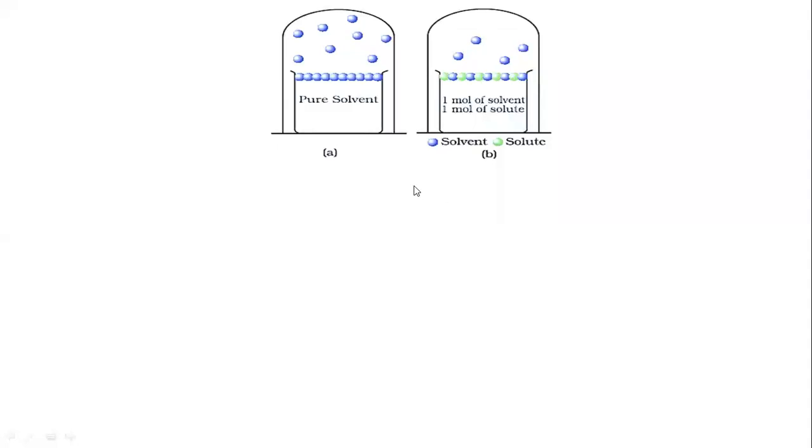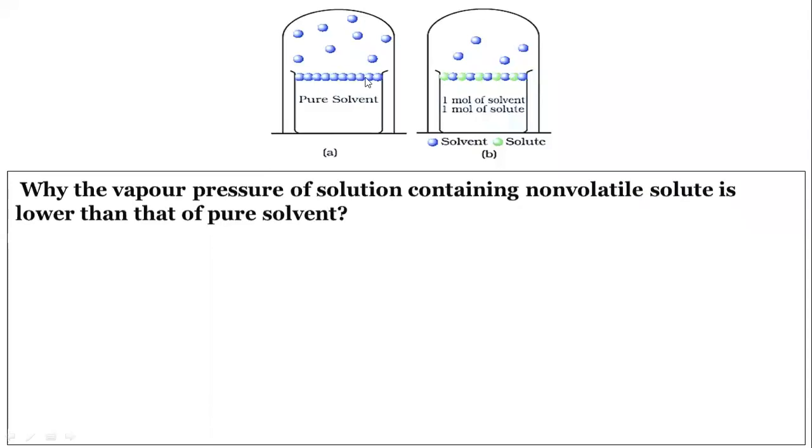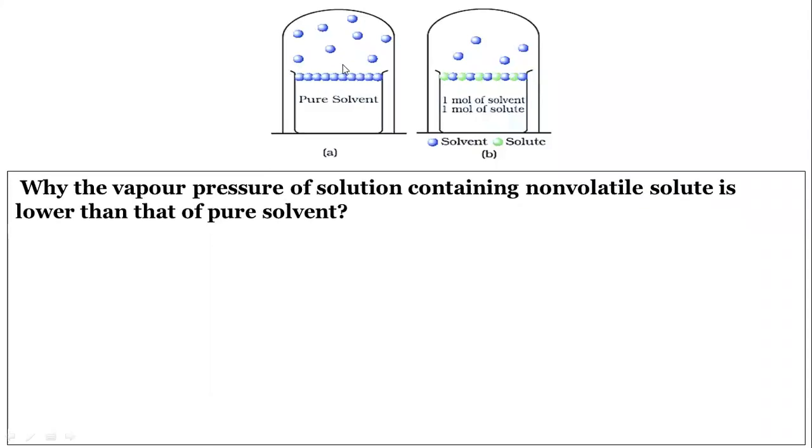So what will happen? In this diagram, this surface is completely available for evaporation. So this pure solvent will evaporate fast, and so its vapor pressure will be more. Pure solvent has more vapor pressure than the solution containing non-volatile solute, because the surface area is not completely available; the surface is blocked by some non-volatile solutes.